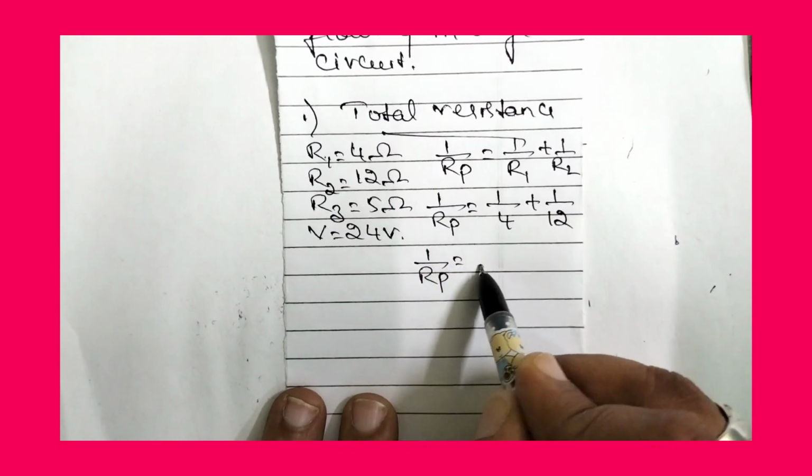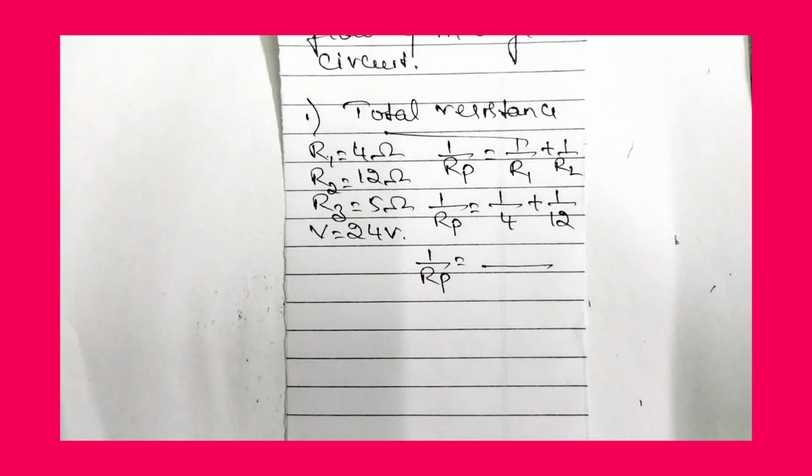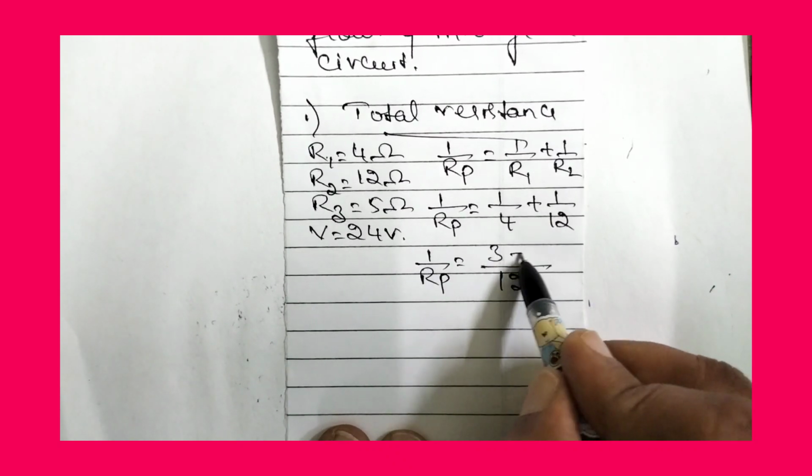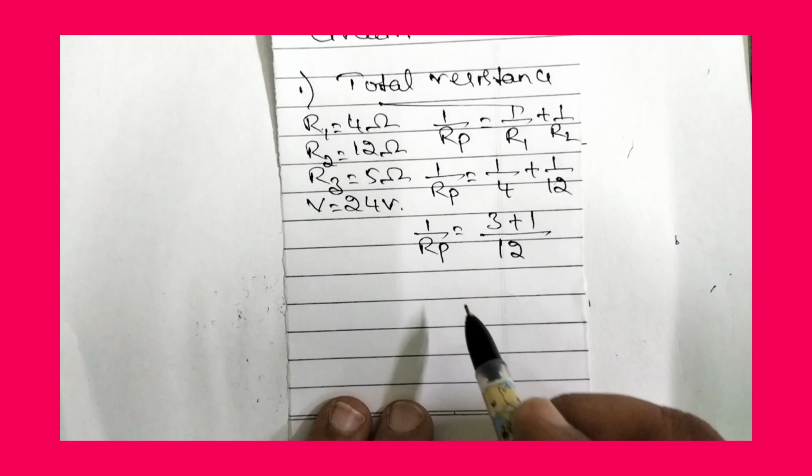Now let us calculate. Let us find out the LCM for 4 and 12. The LCM is 12. 4 times 3 is 12, and 12 times 1 is 12.